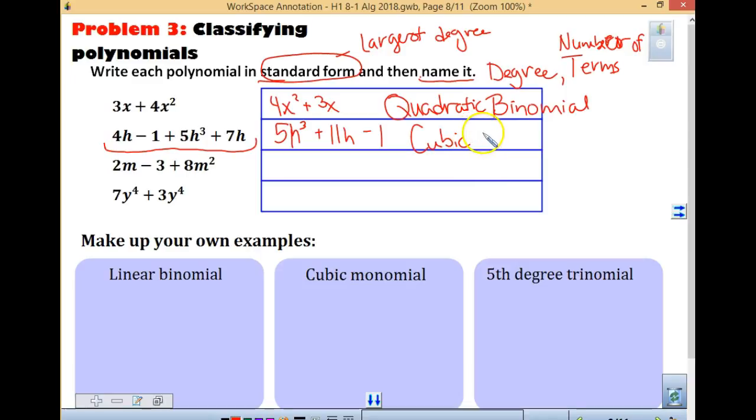So we got cubic, Evie, and then we would say what? Trinomial. We're going to do our rewrite. So as we start off, Cassandra, what are we going to have for our rewrite in standard form?